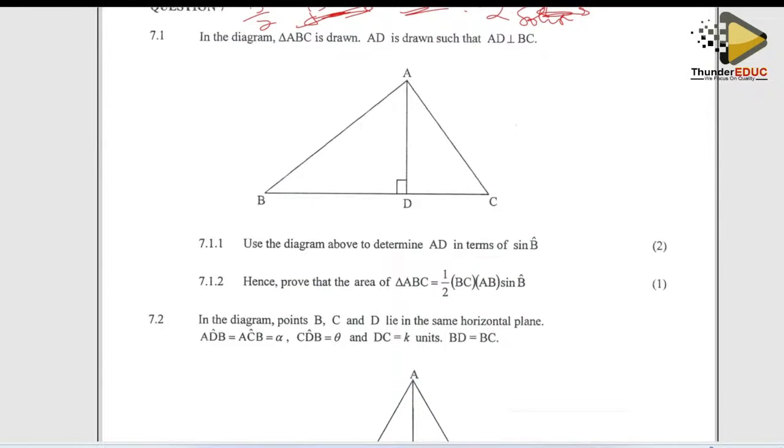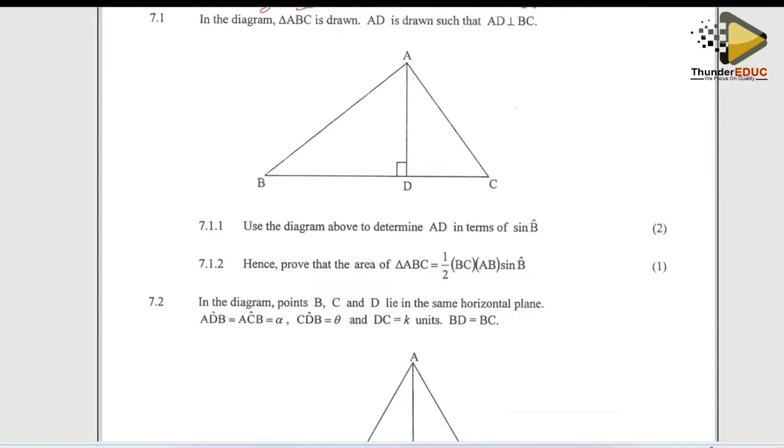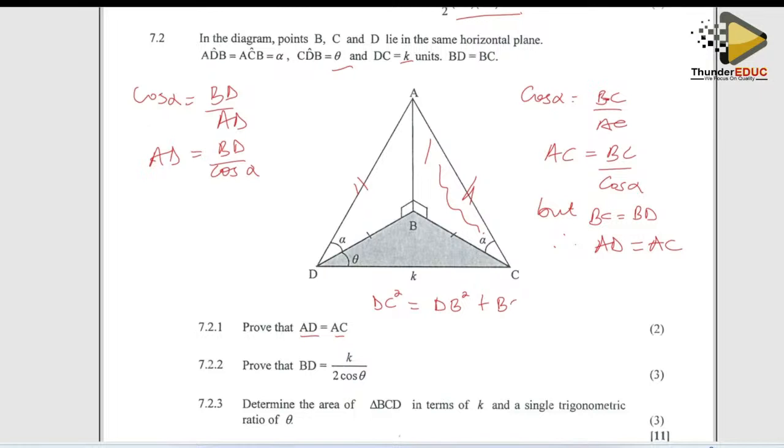Question number 7. In the diagram ABC drawn, AD is drawn such that those two lines are perpendicular. Determine AD in terms of that. So we can say that the sine of B is equal to BC squared minus 2 DB BC times the cos of which angle? I'm saying BC squared.